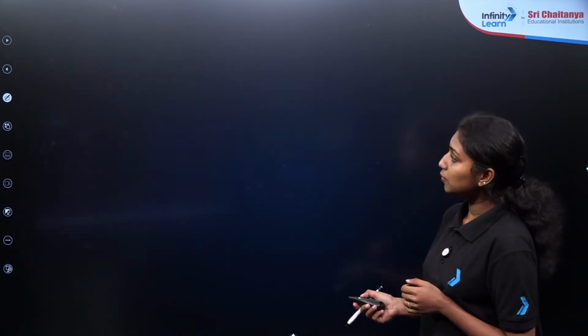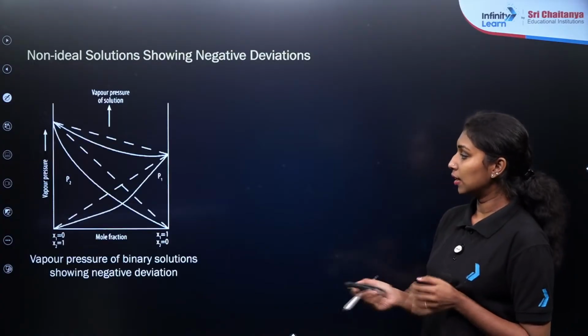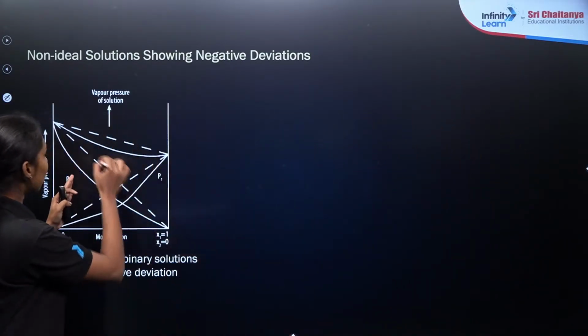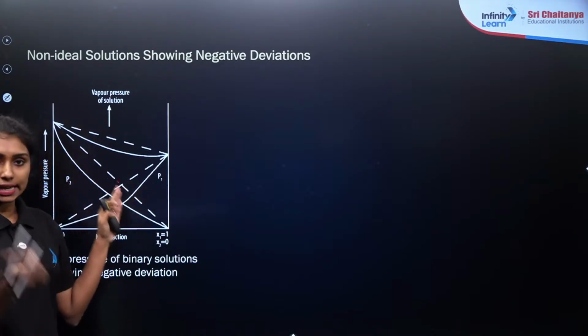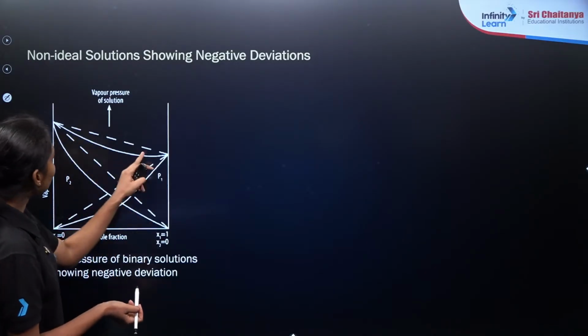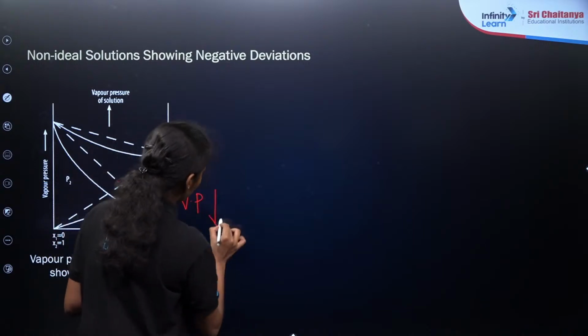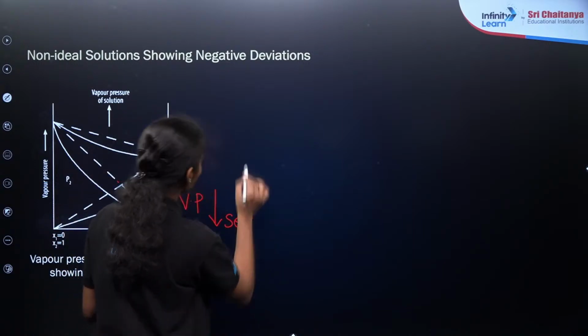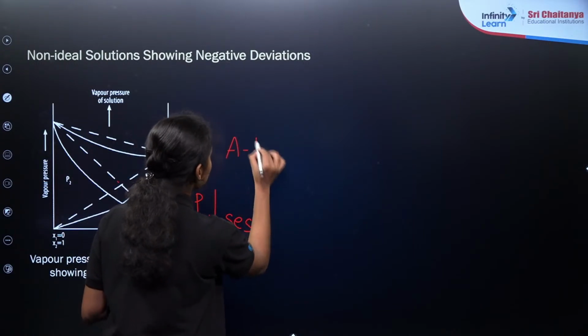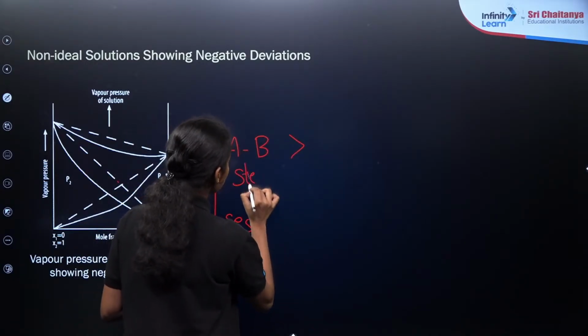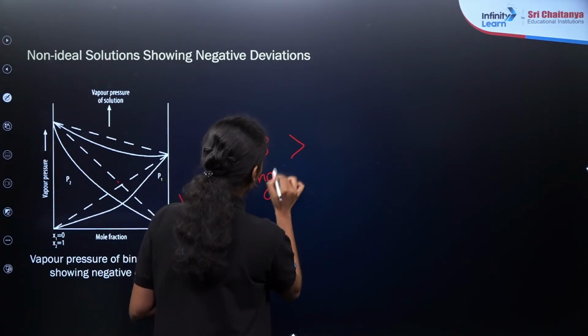Then what will be the condition for the negative deviation? Again, the dotted line is our expected Raoult's law graph for the ideal solution, right? So here you are observing that vapor pressure is low as compared to Raoult's law because of very strong interaction between the AB molecules as compared to the AA and BB interaction, right?